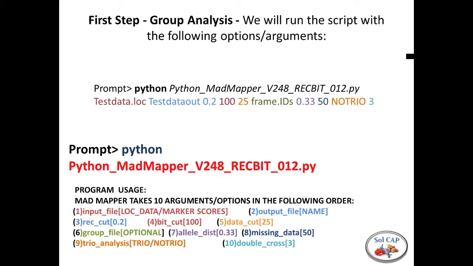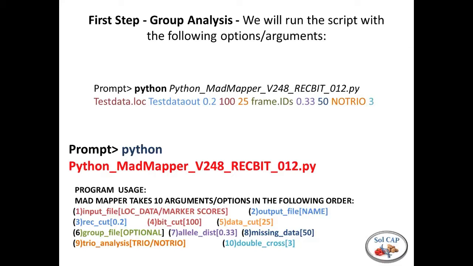So this is the maximum minor allele frequency that you will allow for a marker to be included. In this case, we're doing recombinant inbred lines. You want 50-50 would be the optimum, but we're allowing some leeway up to 0.33 in this case.